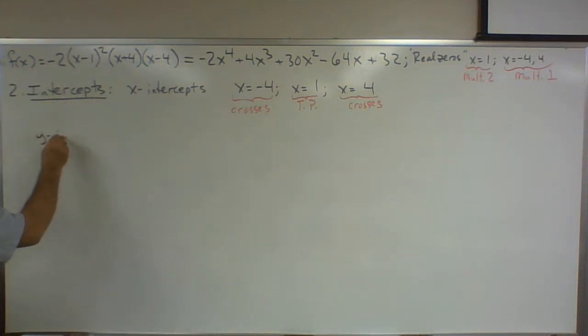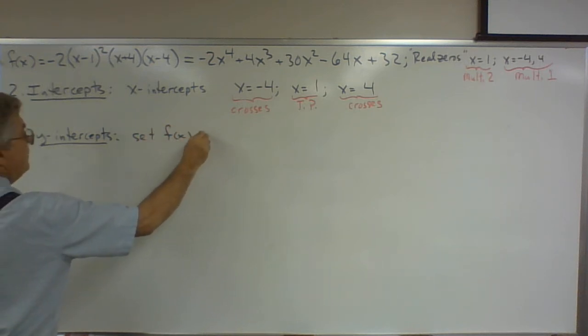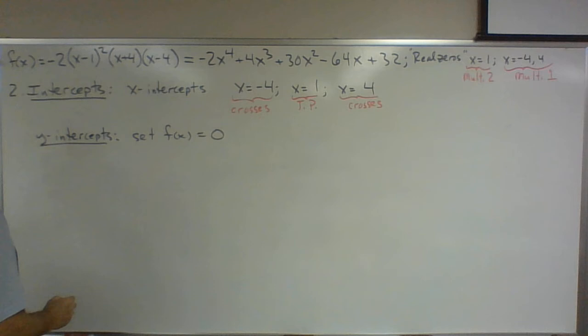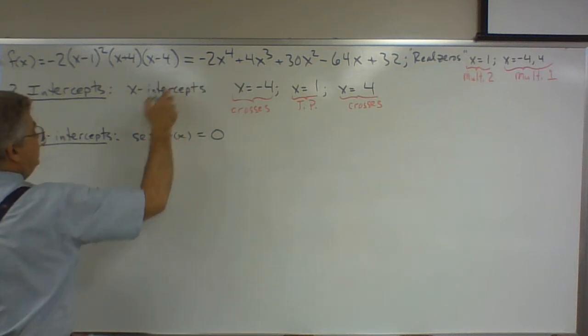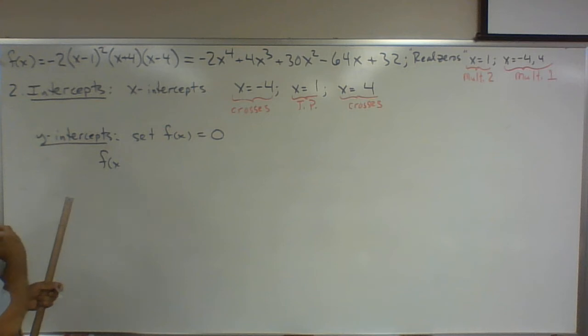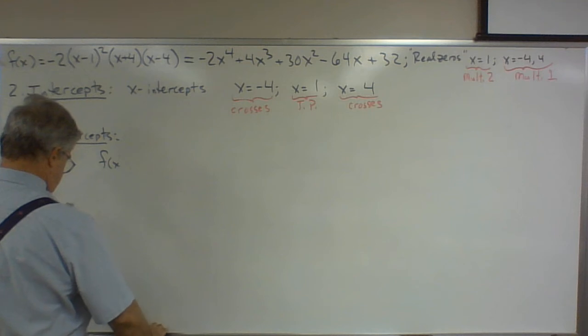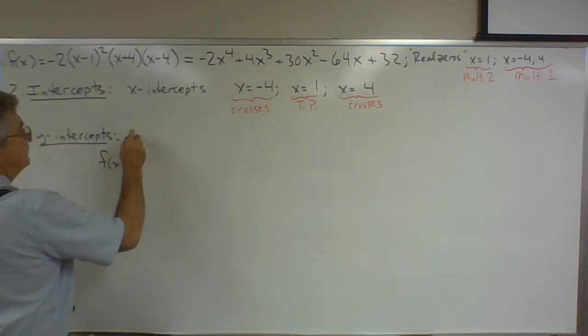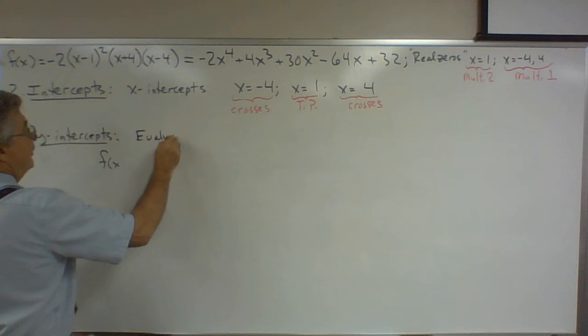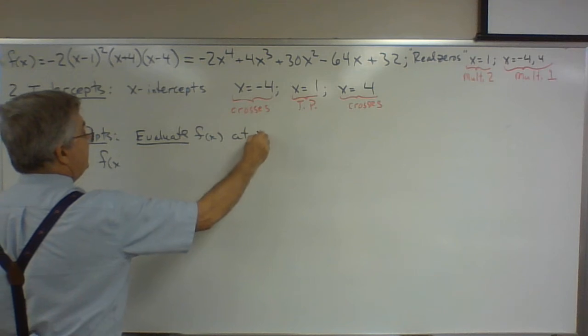What about my y-intercepts? We'll set f of x equal to 0, and I'm going to use the expanded form here. And you know what? That's not what I want to do for my y-intercept. My brain was on autopilot. For my y-intercept, I want to evaluate f of x at x equals 0.